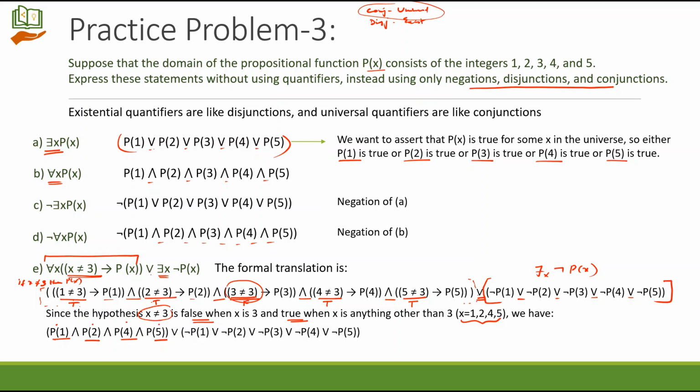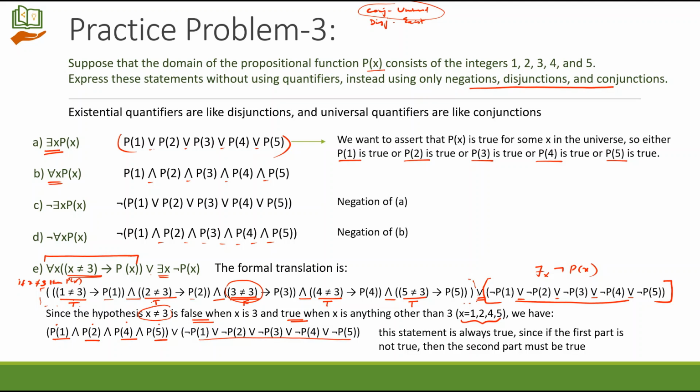This OR is kept as it is and the full expression is taken without any modification here. This statement is always true since if the first part is not true, then the second part must be true. If P of 1, P of 2, P of 4, P of 5 are going to be true, true or anything will give you true. This way we are getting true.